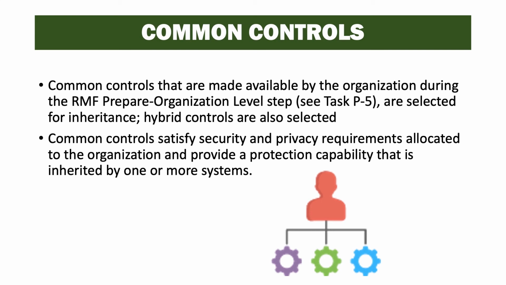Common controls satisfy the security and privacy requirements allocated to the organization and provide a protection capability that is inherited by one or more systems. So again, common controls are made available at tiers 1 and 2, and they're available to systems across the organization.